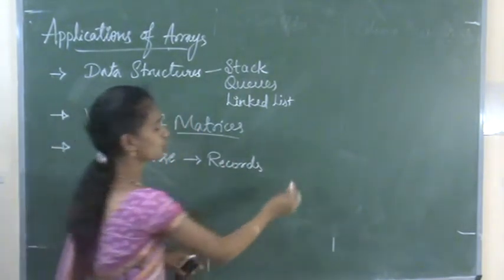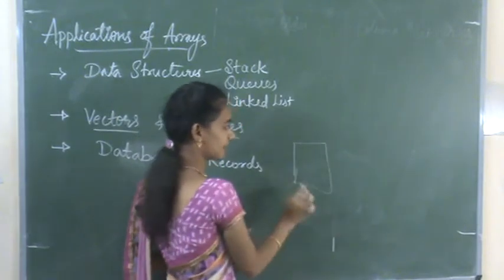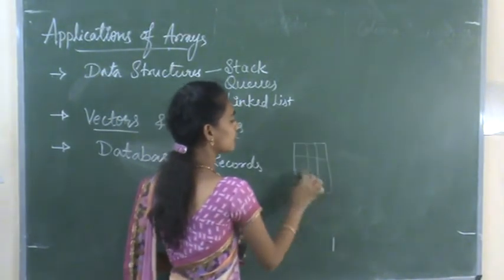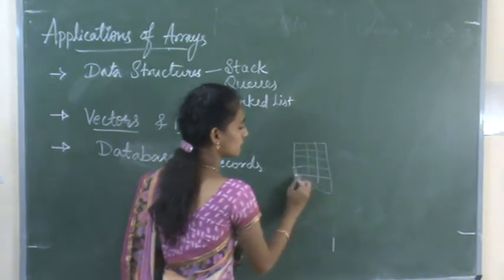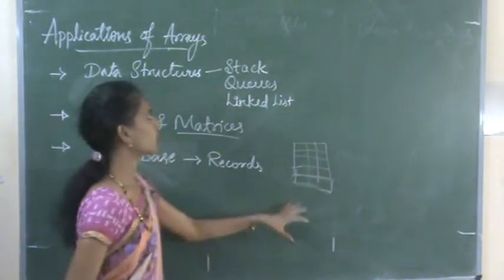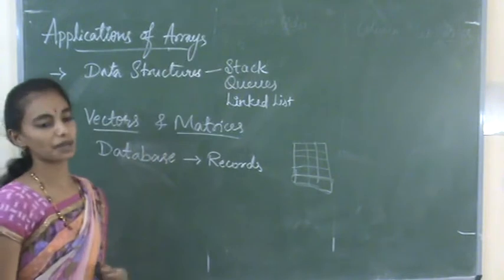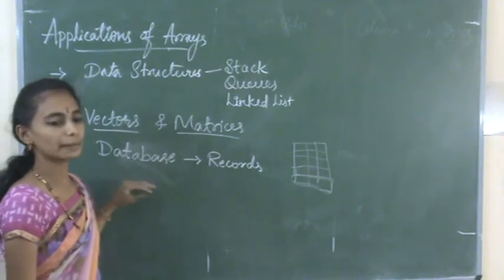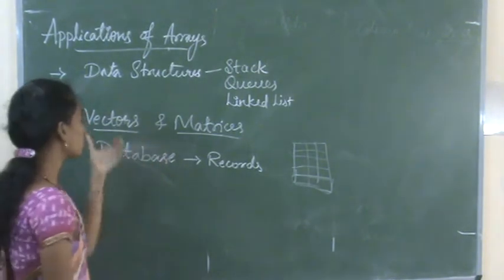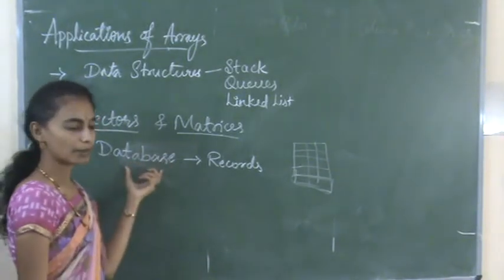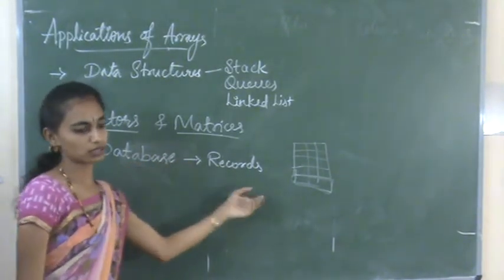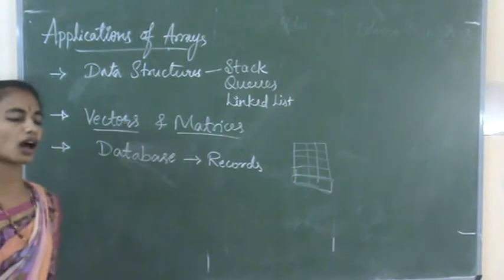Suppose we take this as a database, then to insert the records we use the arrays concept. So this is the third application of arrays. So arrays are used in a database to implement records.